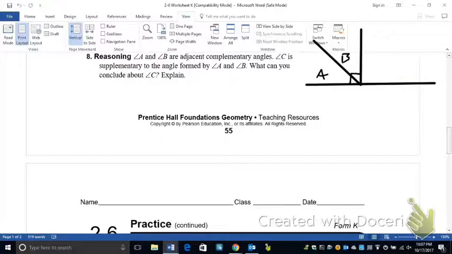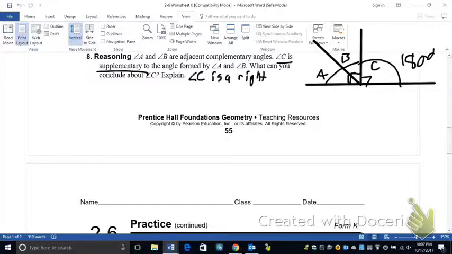I then know that C is supplementary to the angle formed by A and B. That means that A plus B plus C equals 180 degrees. Since this is 90 right here, this has got to be 90. So we can conclude that C is a right angle.